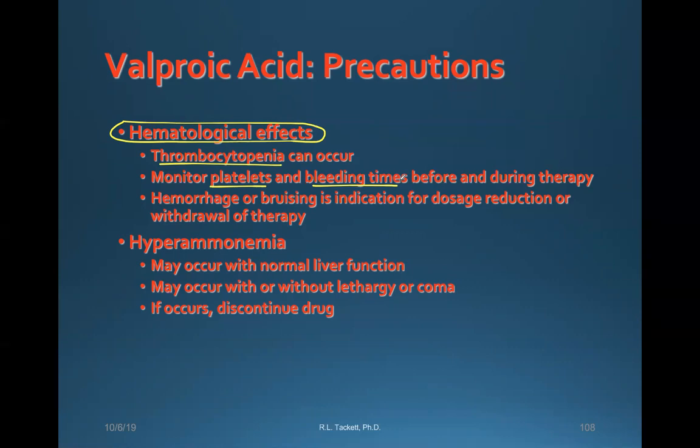If you request a bleeding time or prothrombin time, they will report it as an INR. Okay. We want to get that before therapy. And also, as we've mentioned before, things you look for specifically are whether there's been any bruising or hemorrhage or things like that. That may result in either reducing a dose or sometimes even taking them off the valproic acid.